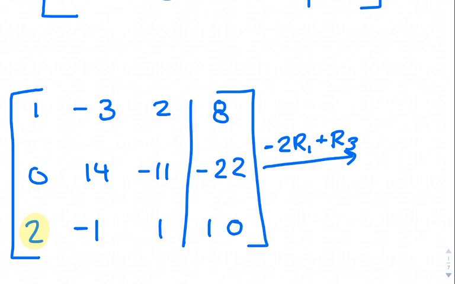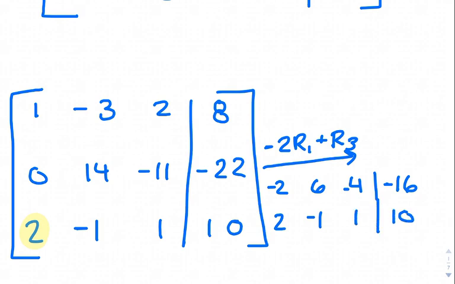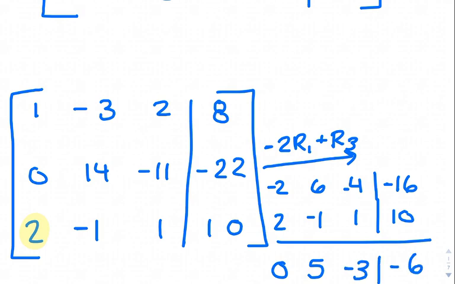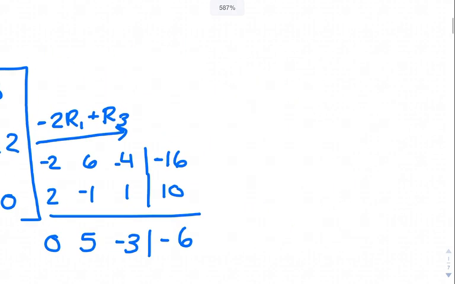So negative 2 times row 1 would give me negative 2 times 1, which is negative 2. Negative 2 times negative 3, which is 6. Negative 2 times 2, which is negative 4. And then negative 2 times 8, which is negative 16. I'm going to add this to row 3 now. And I would get 0, 5, negative 3, negative 6. So this is now my new row 3.